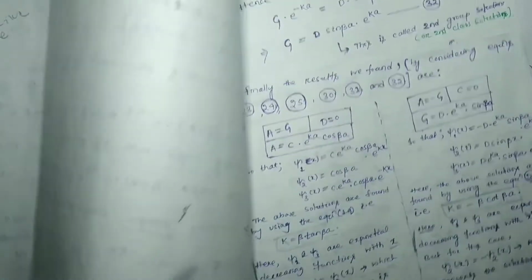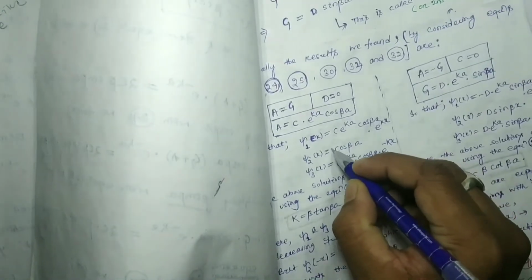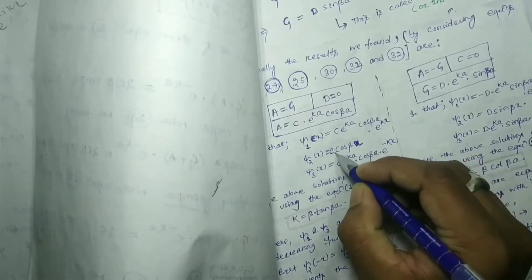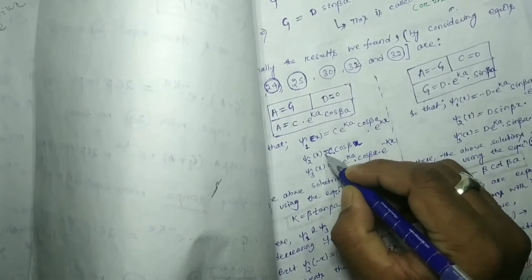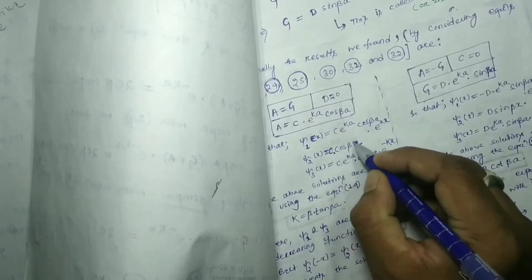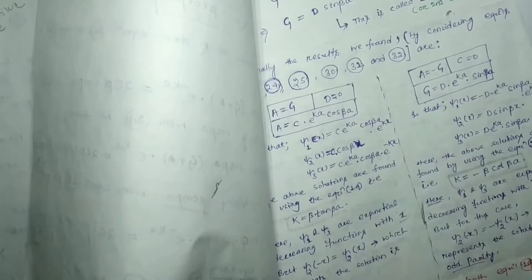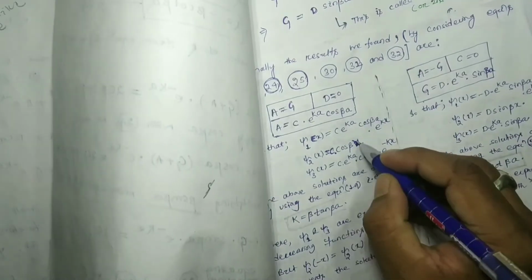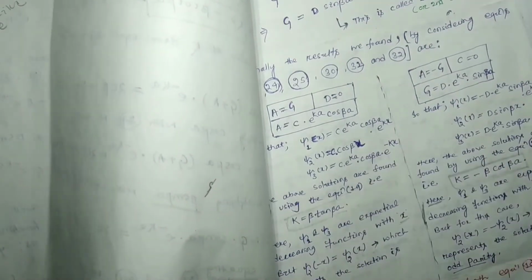I just made a simple mistake here; this will be c cos beta x, so you just write c cos beta x.